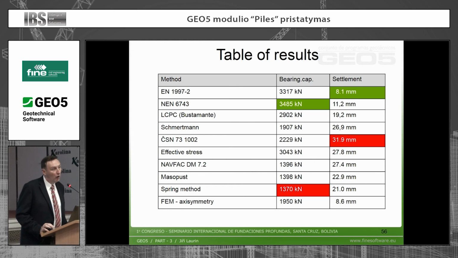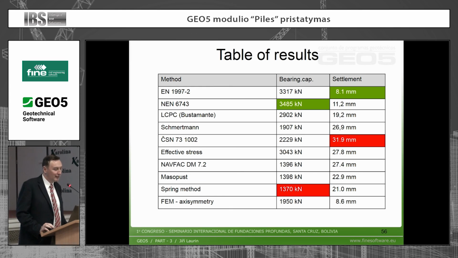Here you can see all methods that we have in GEO5, and we tried to calculate the pile the best way that we can. You see that we have about 11 different ways to determine it, and the bearing capacity is between 1,300 and 3,400, with similar settlement.